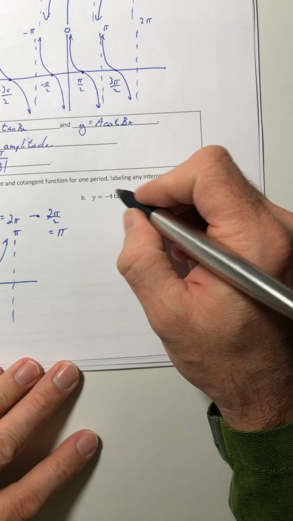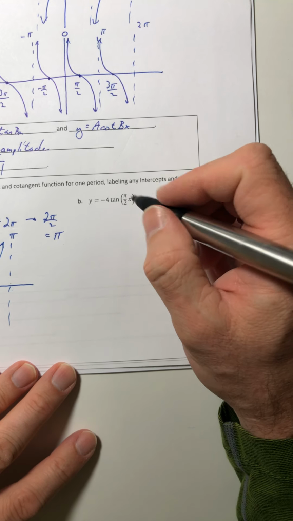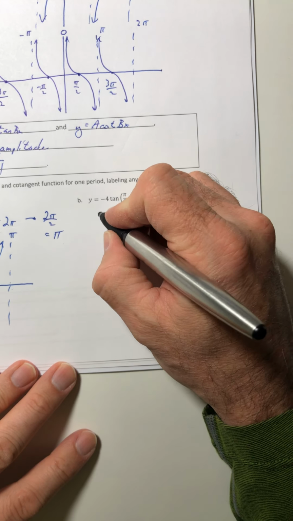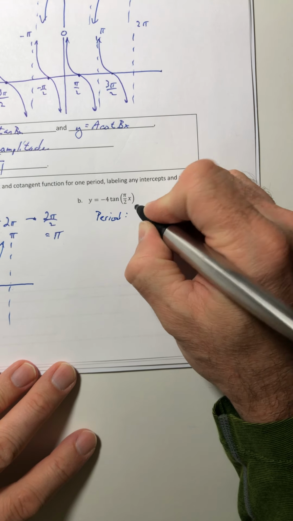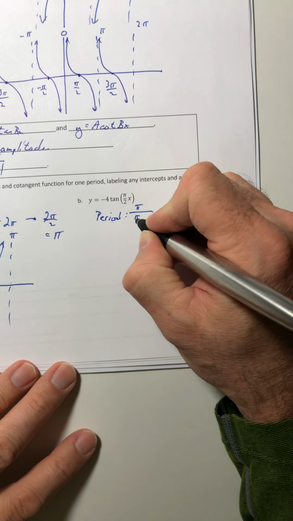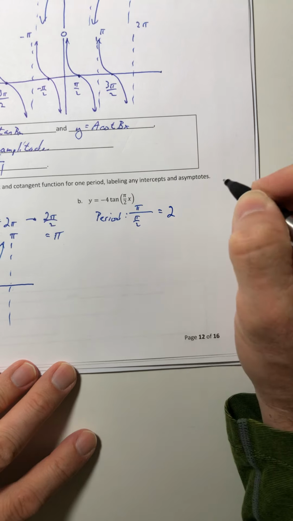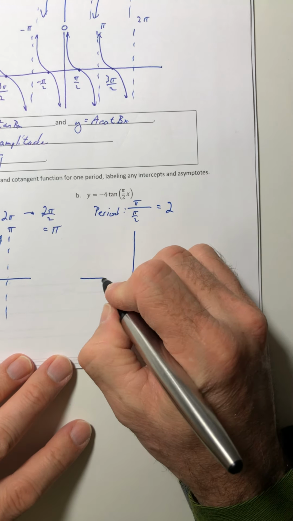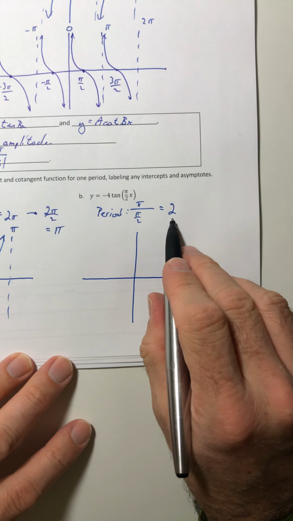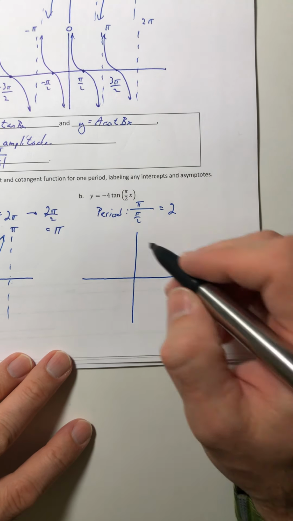Okay, let's try it again with this one, and then we'll stop the video. The period, pi divided by pi over 2, is going to give us 2. If I divide 2 by 2, I just get 1.